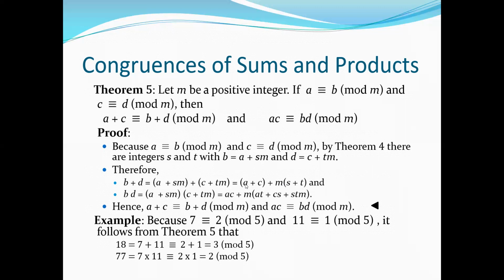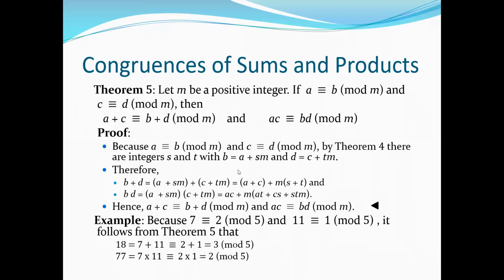And what is this form? Based on theorem number 4, it is the same as this. So therefore, the first form is valid. Same with multiplication: for bd, we substitute, and when we manipulate it, this will be the result.